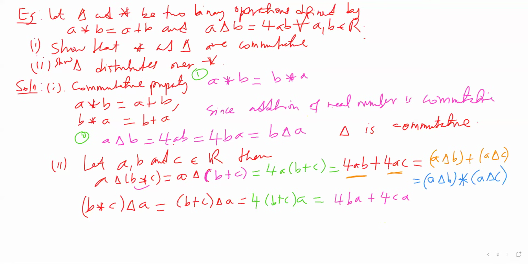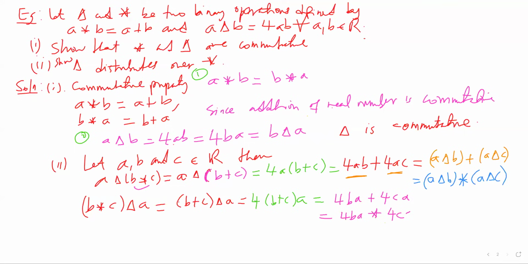So if you have 4CA, then you can write 4BA, right? You can write this as 4BA star 4CA.